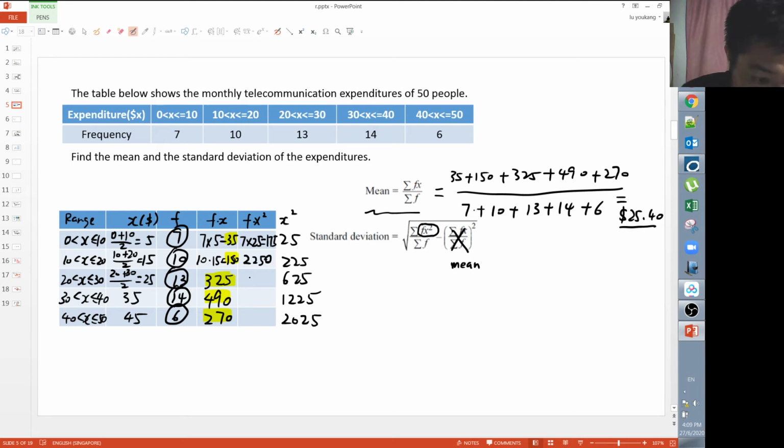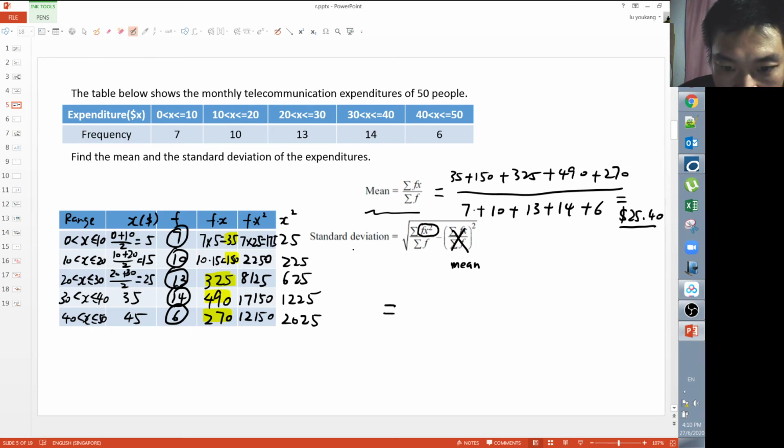Alright, so 13 times 625 is 8125, and this is 17150, and this is 12150. Alright, so with this, what you need to do is sum it up.